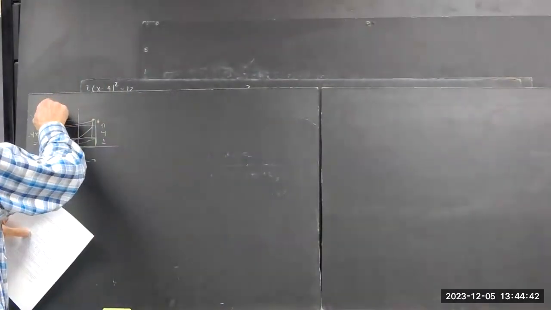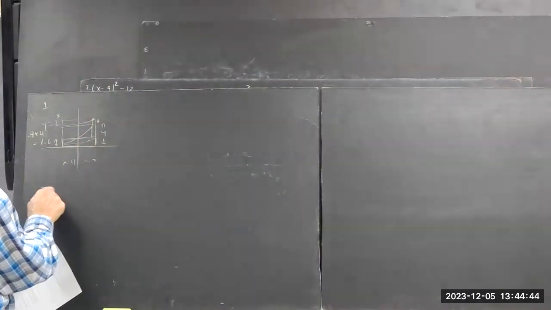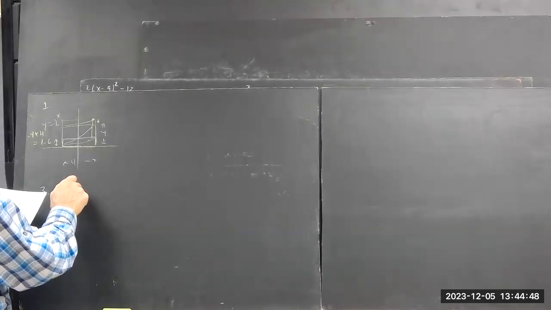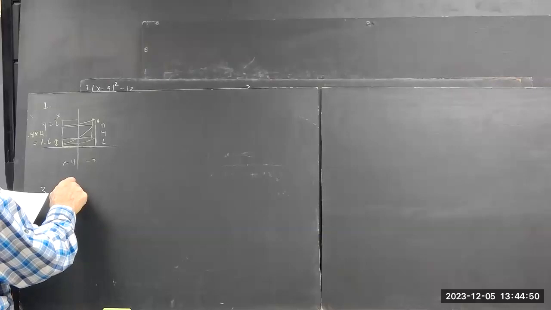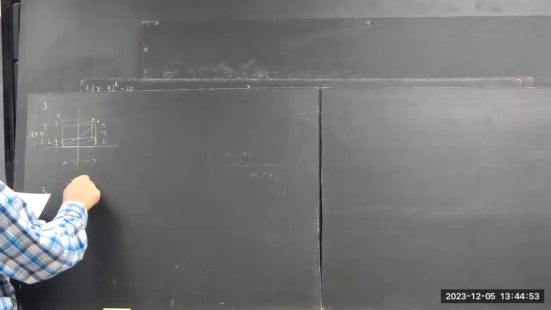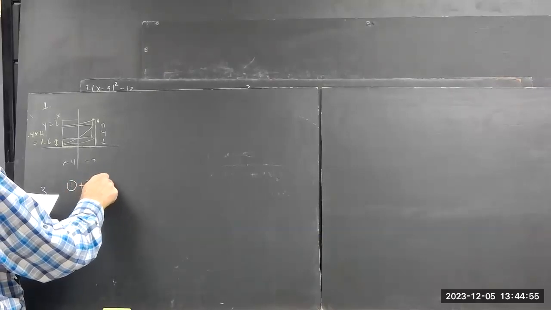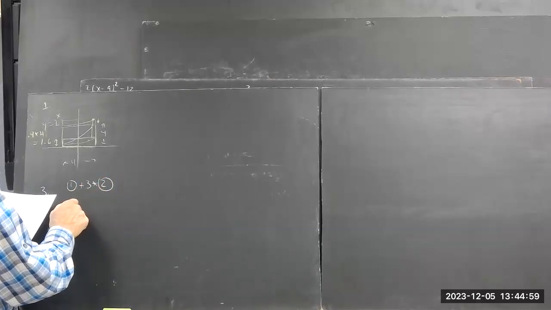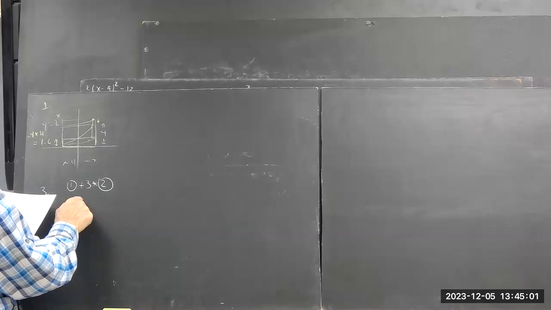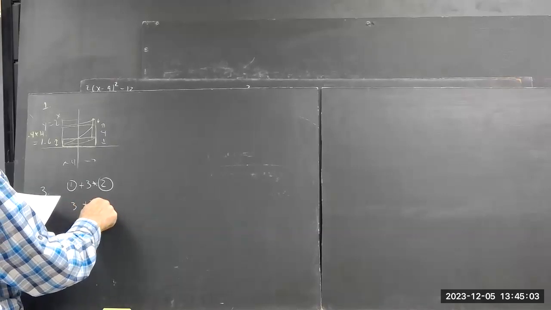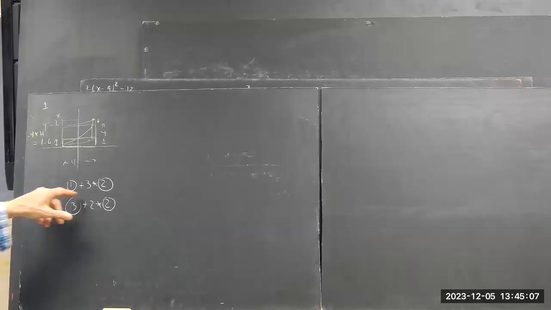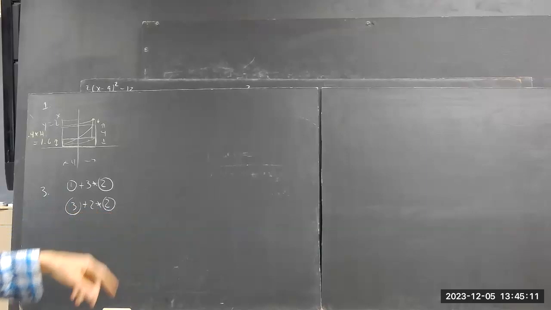Third problem, I'm going to say we do first row plus 3 times the second row, third row plus 2 times the second row.